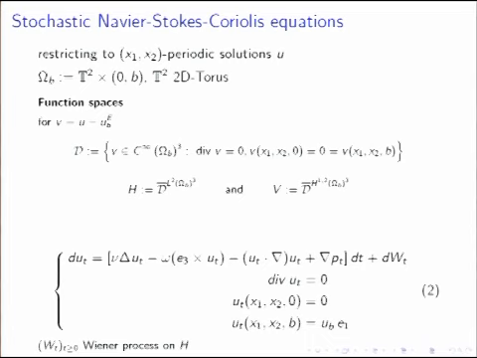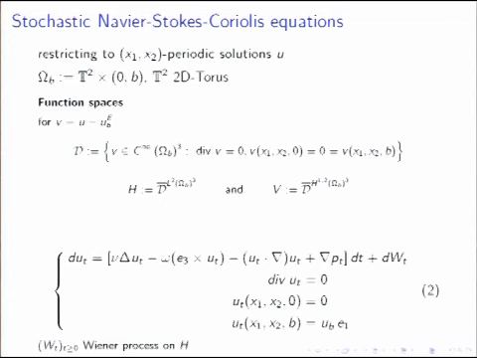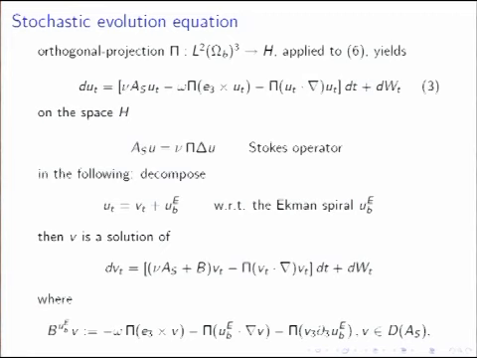Okay. And then how does the corresponding stochastic evolution equation look like? We look at the orthogonal projection of the L2 space onto this space of divergence-free square integrable vector fields. If we apply this to this equation 2, not 6 (there's some misprint in the reference here), then we end up with the following evolution equation on the space of divergence-free vector fields as usual.